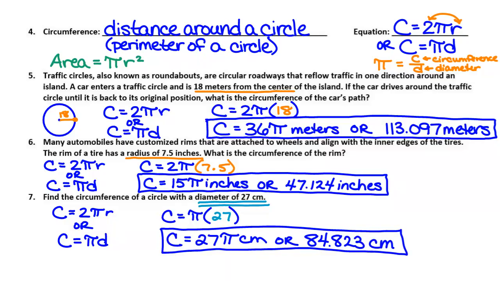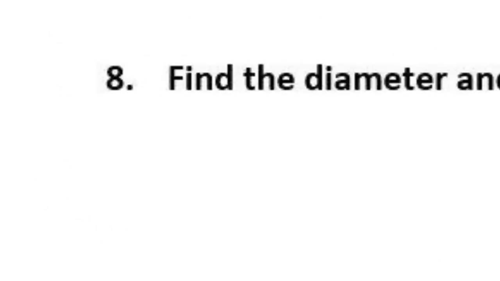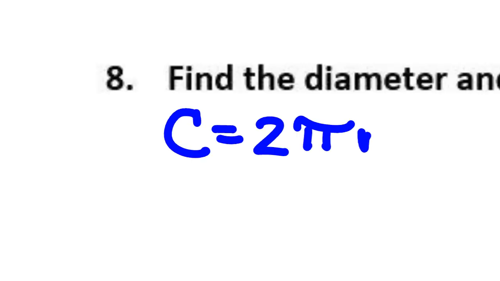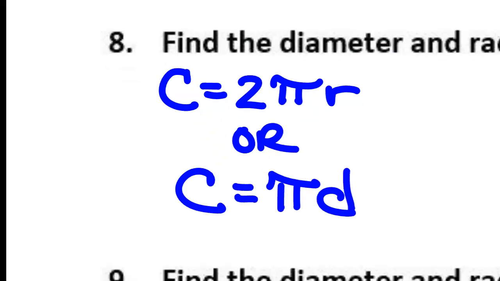Let's look down at 8, 9, and 10 next. It says, find the diameter and radius of a circle to the nearest hundredth if the circumference of the circle is 77.8 millimeters. So circumference equals 2 pi r, or circumference equals pi d.